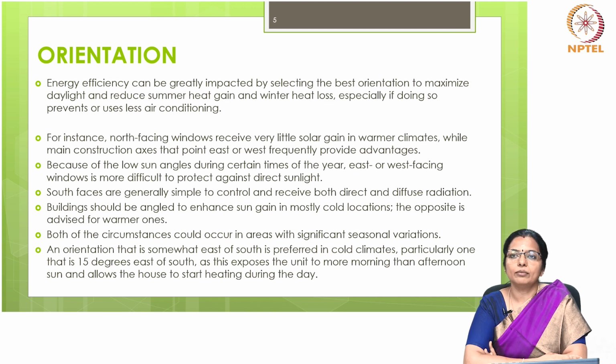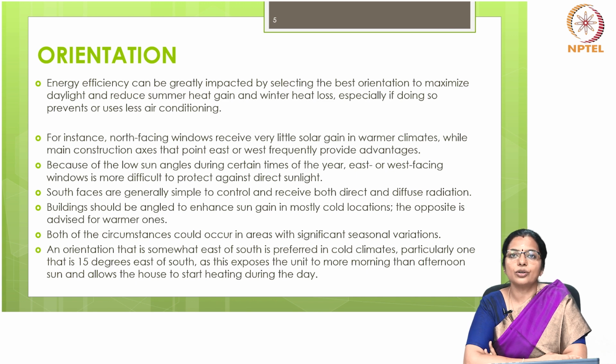For example, north-facing windows receive very little solar gain in warmer climates, while the main construction axes that point east or west frequently provide the advantages. Because of the low sun angles during certain times of the year, east or west facing windows is more difficult to protect against direct sunlight.